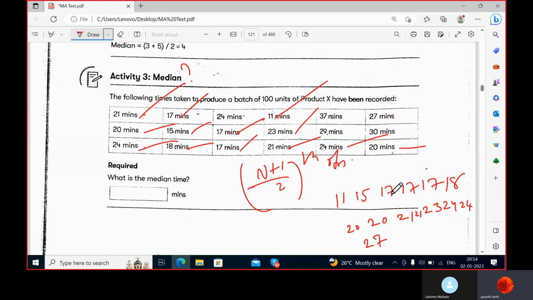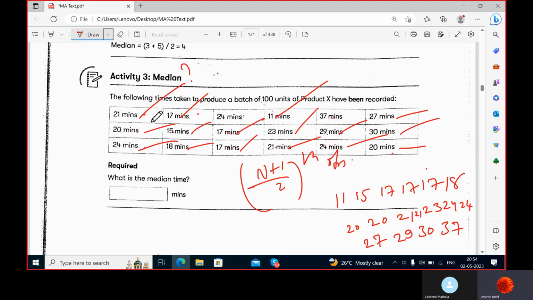Then after 27, next is 29. Then 30. 29, 30, 37. 30 also done. 37. Did we miss out something?